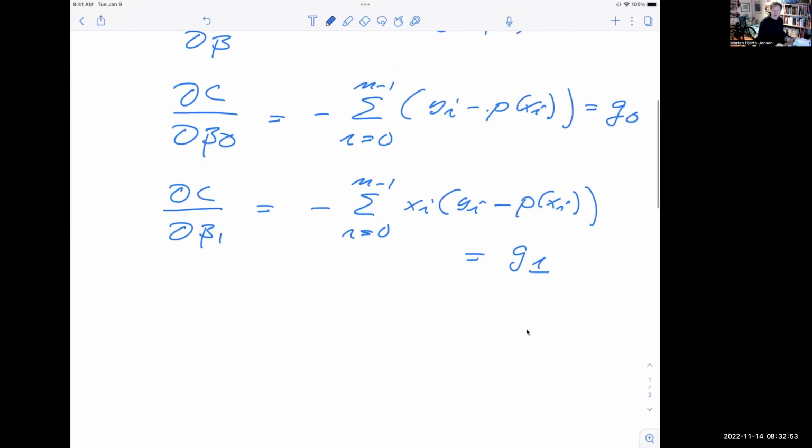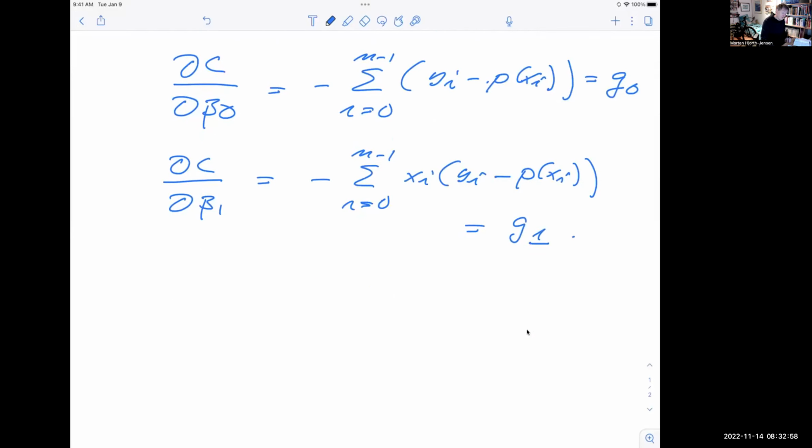This is the other derivative, or the other gradient. And we want to drive both of these to 0. Now, as we said, due to the probability here, which we have introduced via the sigmoid function, these equations depend in a nonlinear way on the unknown parameters beta 1 and beta 0.